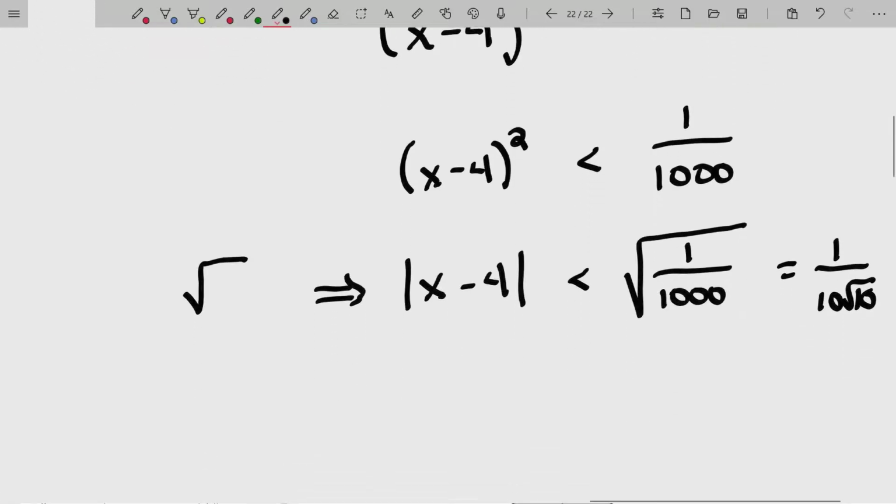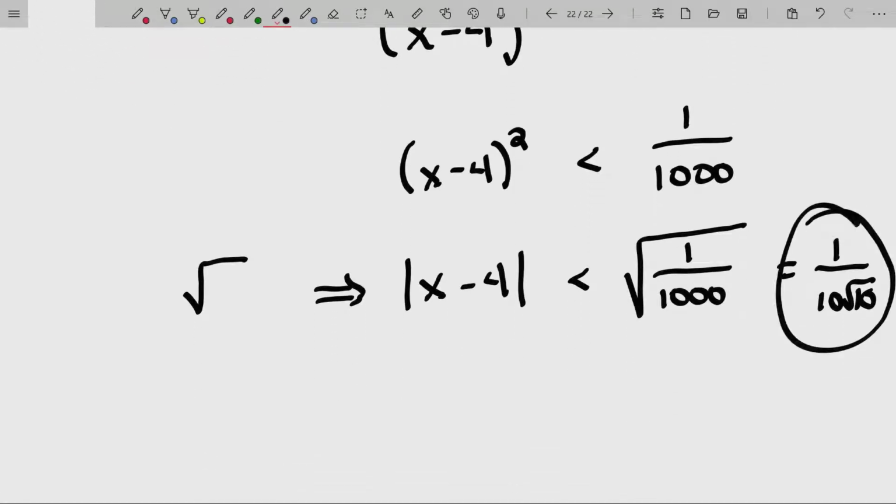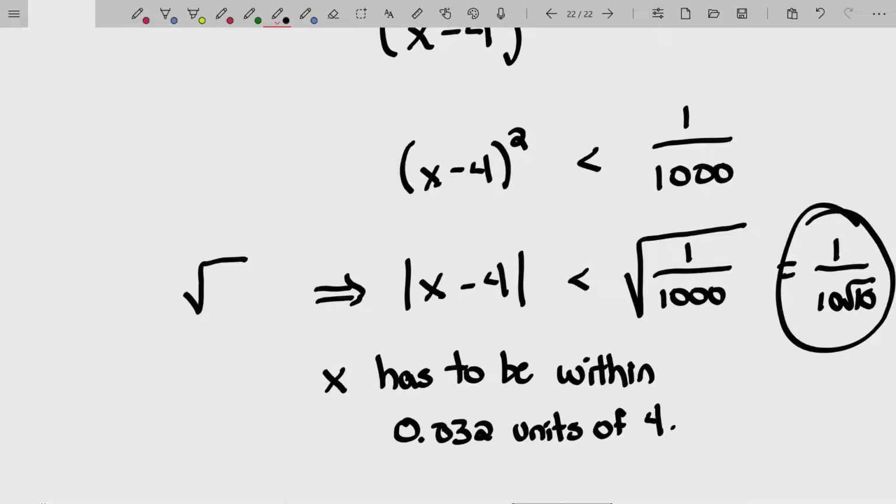Well, that's a simple answer now. This close. Whatever that number is, it's that close. So x has to be within 0.032 units of 4. That's a rounded version of 1 over 10 times the square root of 10. So it's an incredibly rounded version.